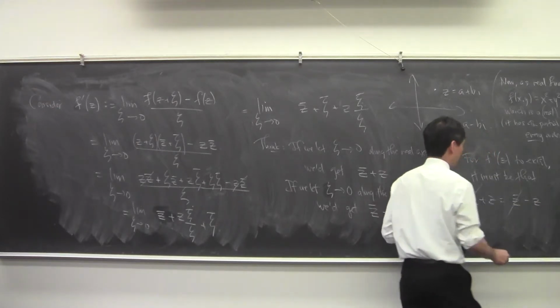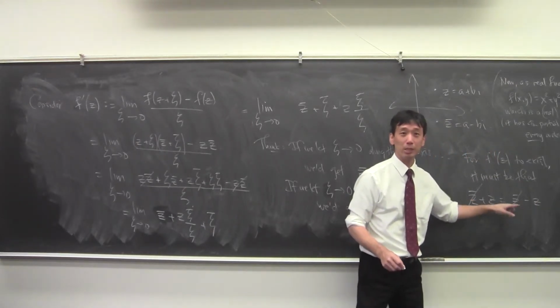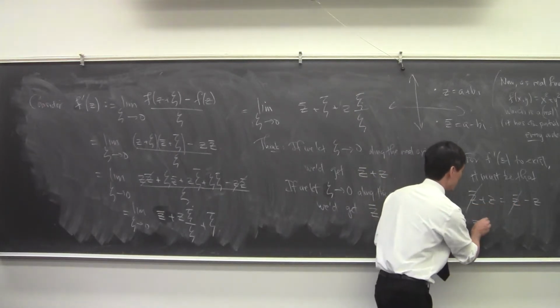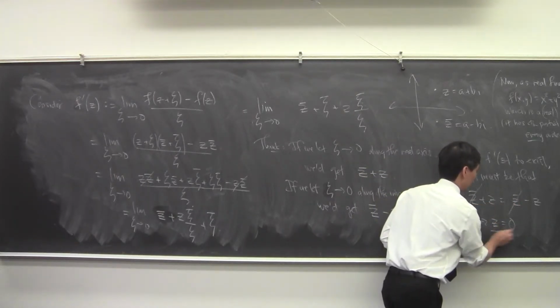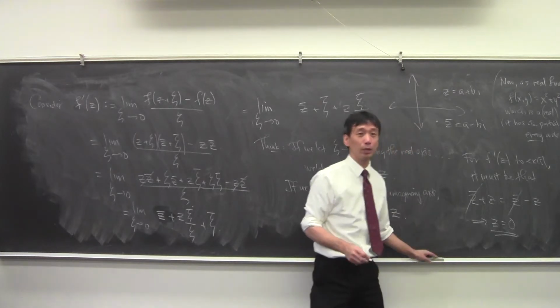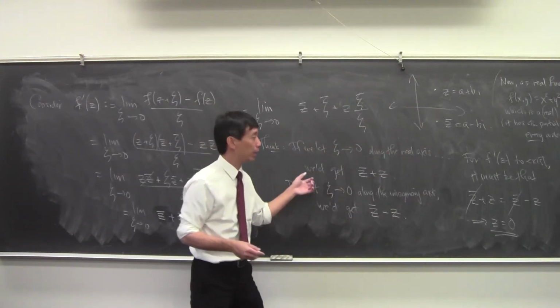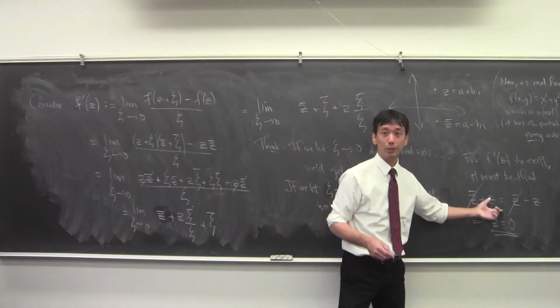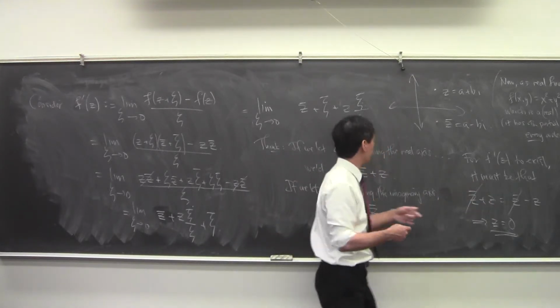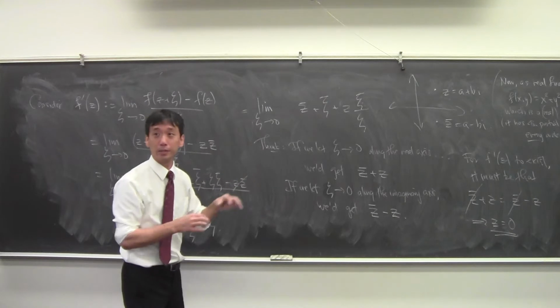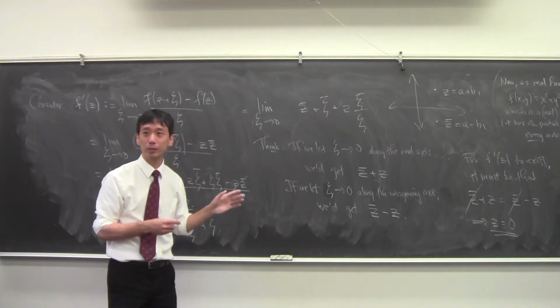So that means that z and negative z must be the same guy, and that forces z to be 0. The only place we could possibly be differentiable is at 0. Anywhere else, our limit fails to exist.